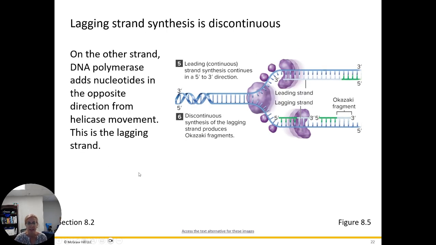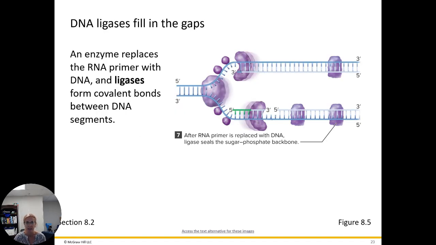And that strand is called the lagging strand. The lagging strand is the one that is 5' to 3', the original strand, and uses fragments to copy DNA in different little segments. Whereas the leading strand, again, is the one where the original strand was 3' to 5', and so the DNA replication can be continuous.